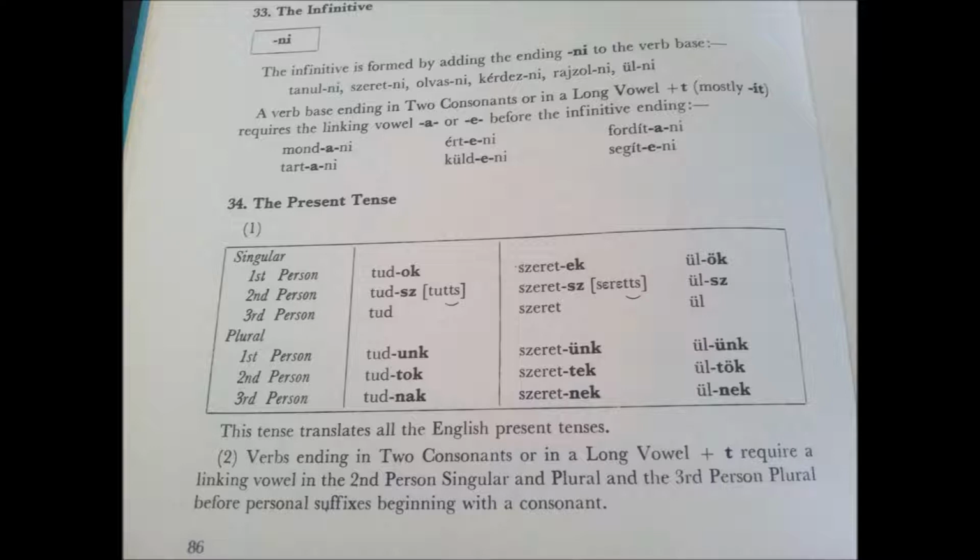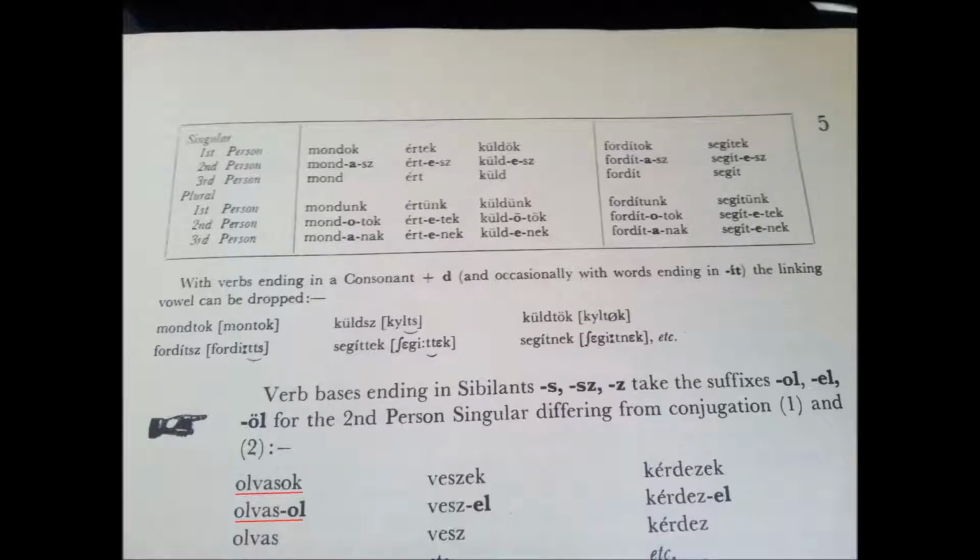I like, you like, he or she likes. Ülök, ülsz, ül. I sit, you sit, he or she sits. Page 87. On page 87, you can read that not all verbs are conjugated in the same way, depending on how the verb is spelled.